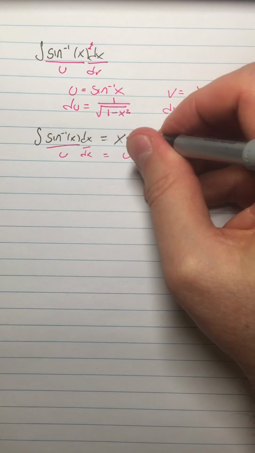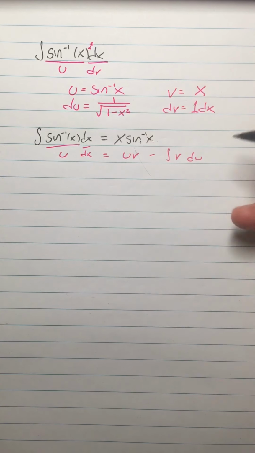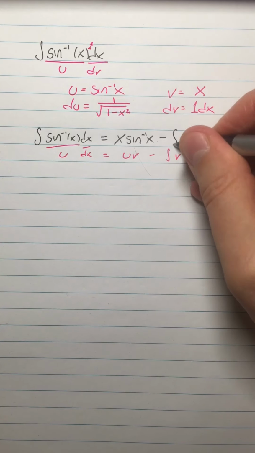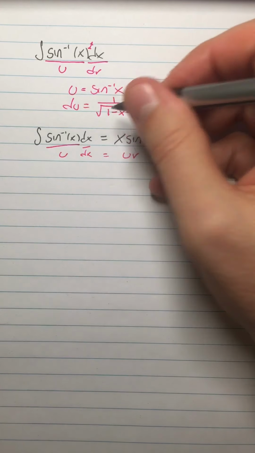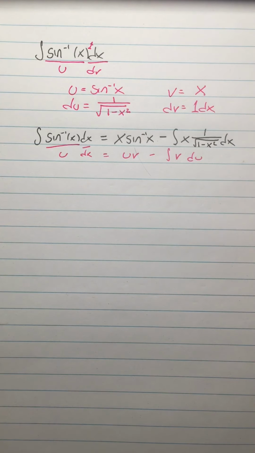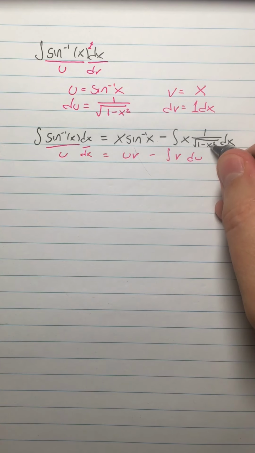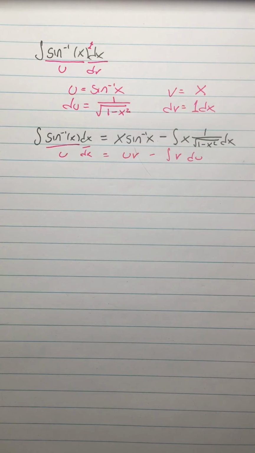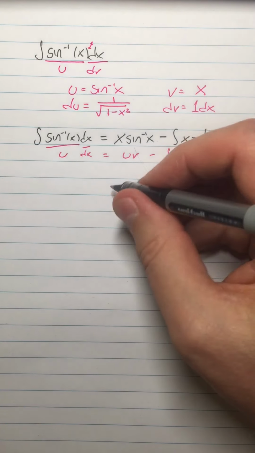I'm going to put the x first. It's just a little easier to write that way. Minus the integral of v du, x times 1 over square root of 1 minus x squared dx. Now, how is this any better to integrate than that was? It's totally better. It's completely better. Why is it better?